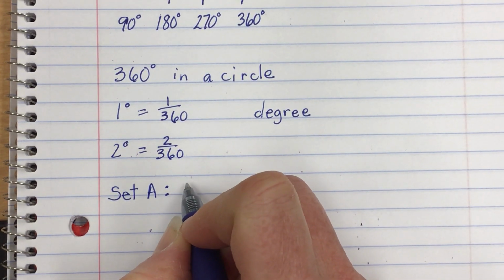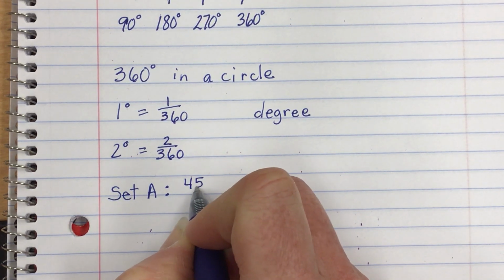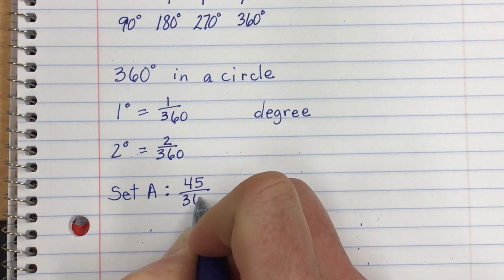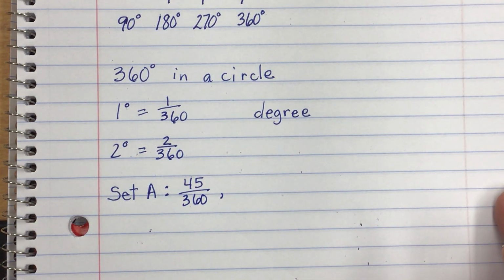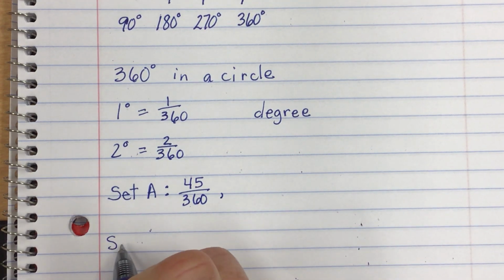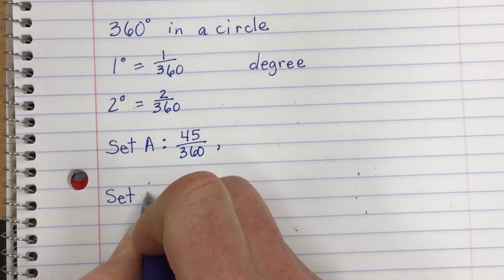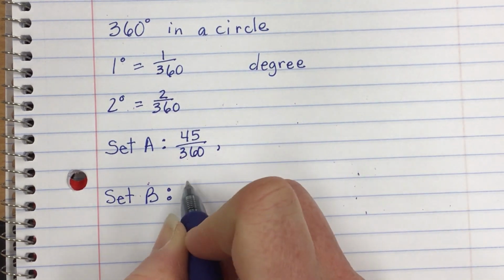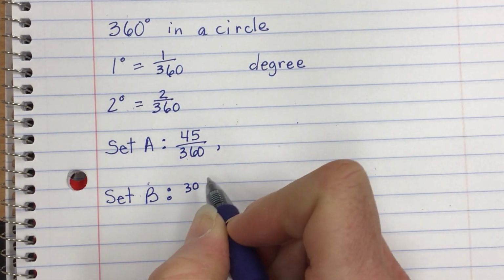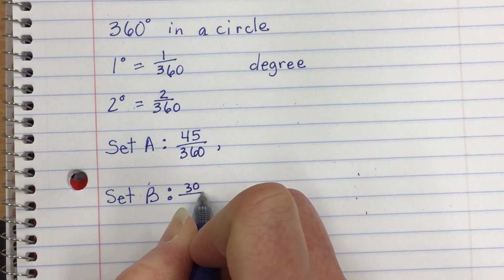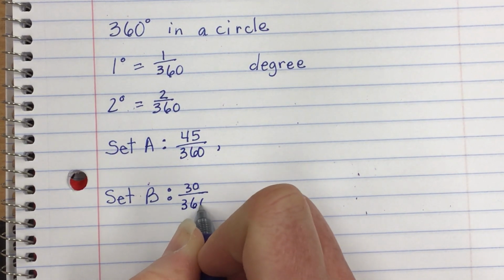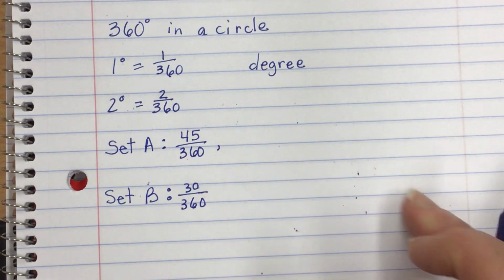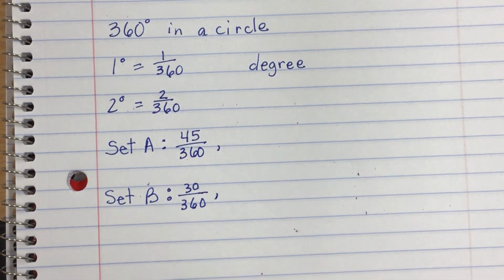If in set A we wrote our first degree was 45 degrees, so that'd be 45 out of 360ths. And then you need to list the rest of the fractions for set A, and then you need to do the same thing for set B. And set B, the first fraction, not fraction, but degrees was 30, so the fraction is 30 out of 360. And you need to list all the rest of the fractions and put a little comma in between.